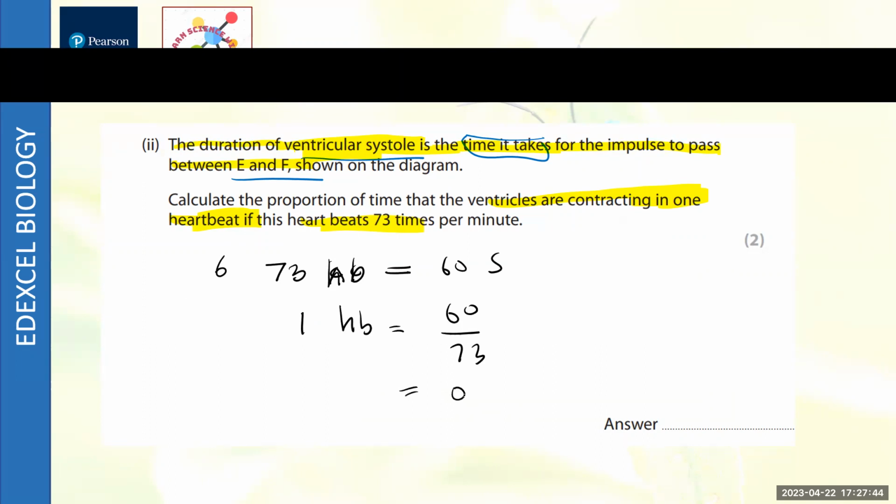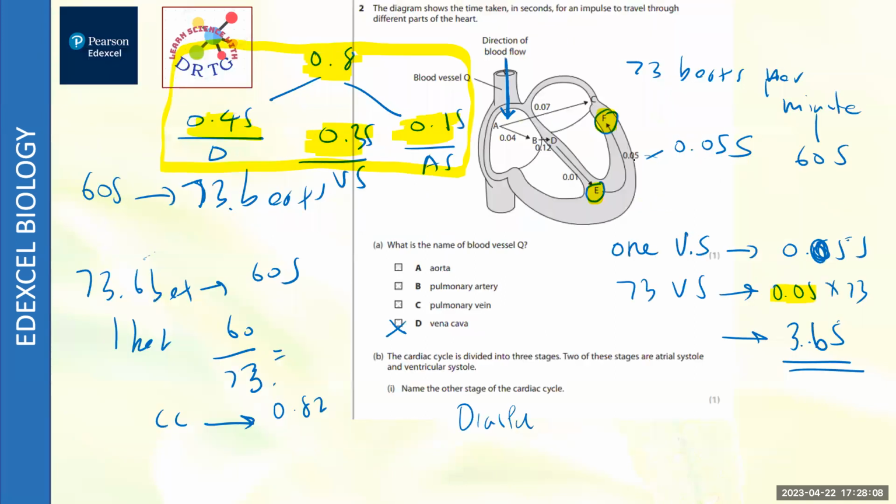Roughly, if you divide 60 by 73, it's 0.82, right? Now one heartbeat takes 0.82 second. According to this, the duration of ventricular systole is the time it takes for the impulse to pass between E and F. The time is given as 0.05.